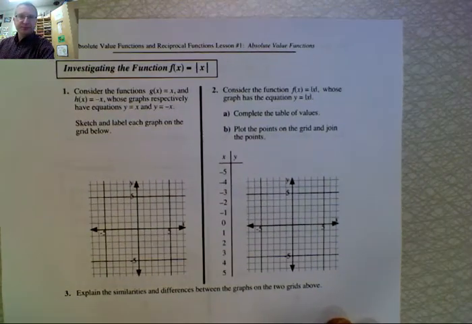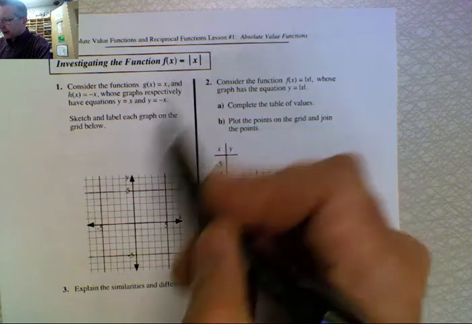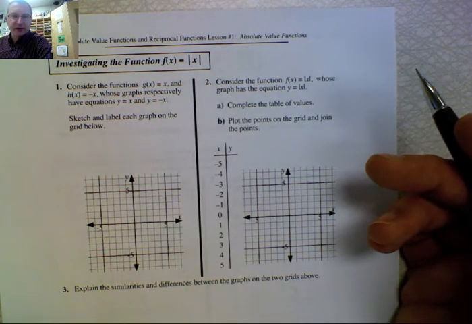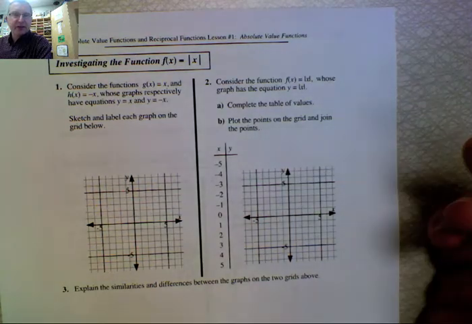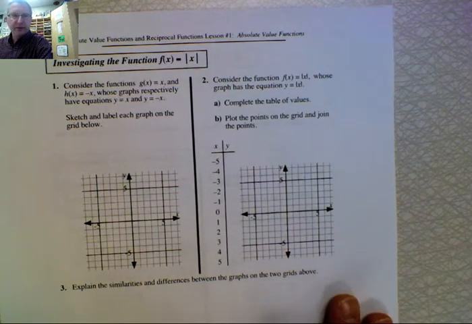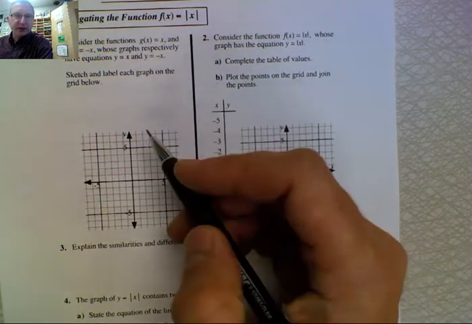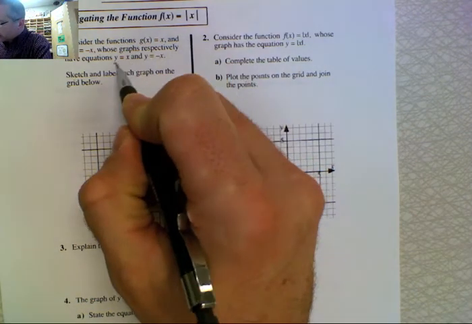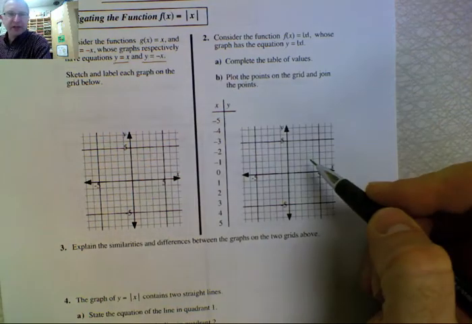So the next part of this lesson is definitely going to be focused on the graph portion of absolute values. What we're going to investigate is what does the graph of an absolute value function look like and how does it compare to other graphs that are out there. So if we look at the left-hand side here, it asks us to graph y equals x and y equals -x.